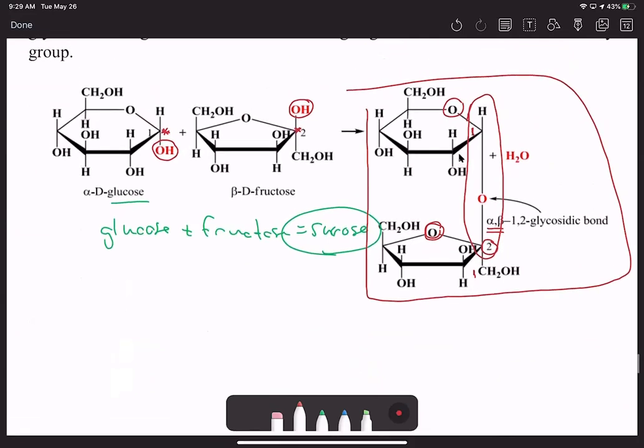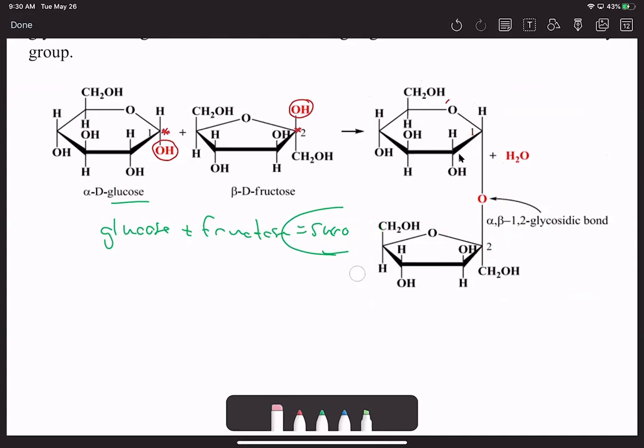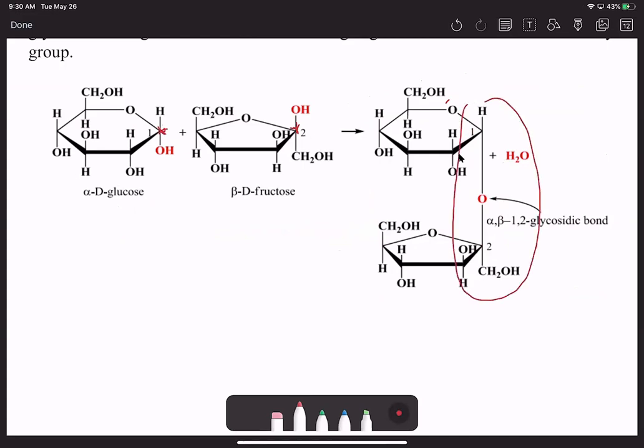And here's my anomer. Let me erase some of this stuff because now it's quite messy. All right. So if this is my anomer, and this is my anomer, carbons 1 and 2, look at this bond here. This bond involves this anomer, and it also involves this anomer. So both anomers are involved in that bond.